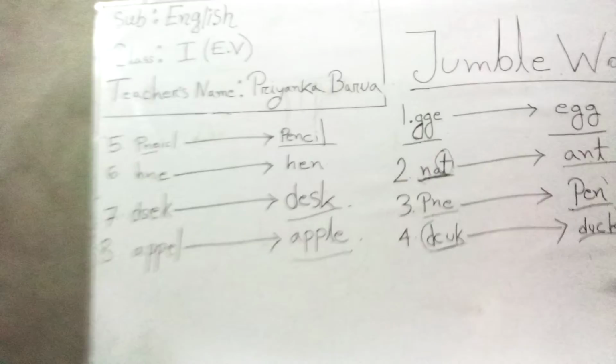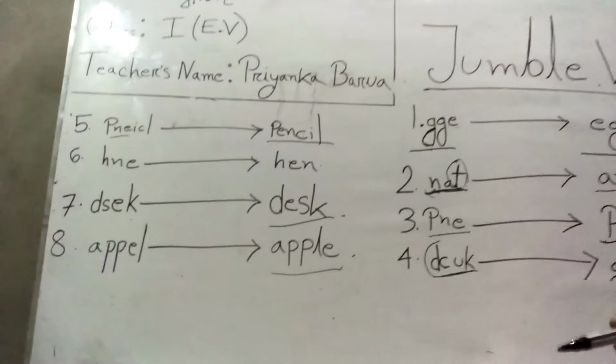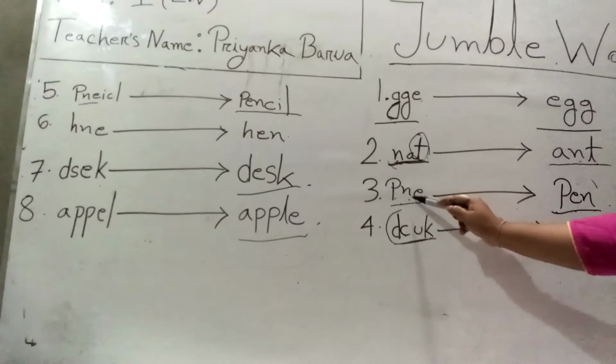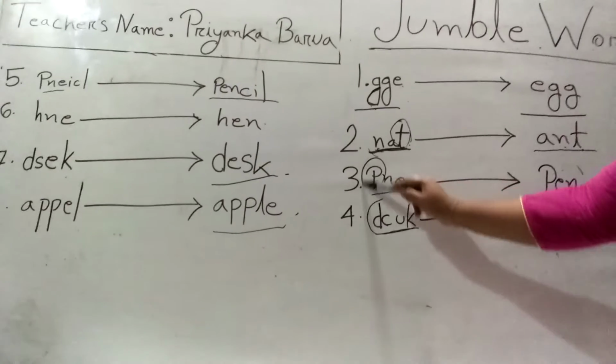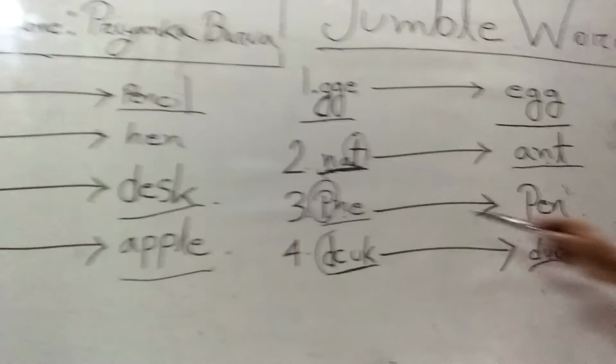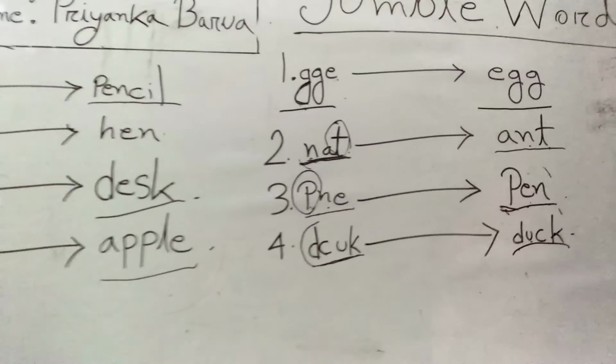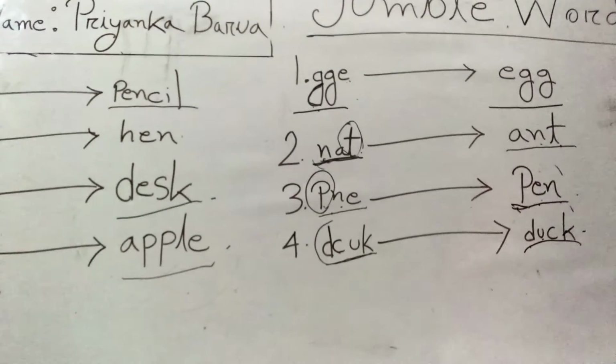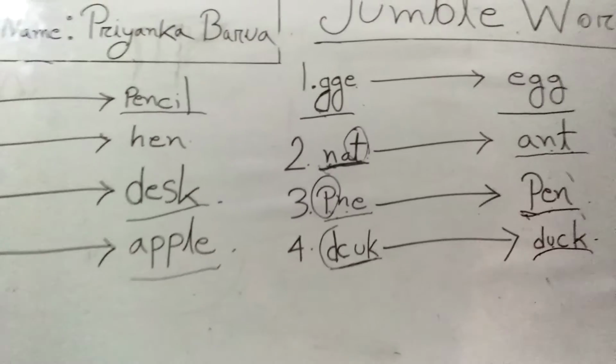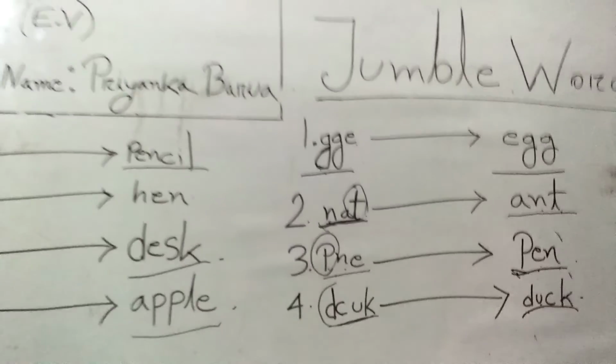See, G and E, N and T, P and E. If P is the first letter and P is here, you have to change the middle ones, the letters in between the first and the last letter.